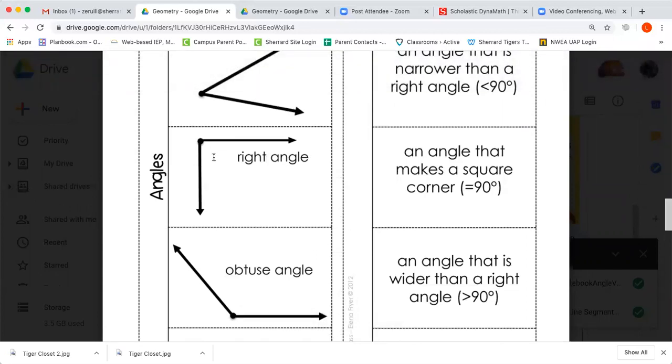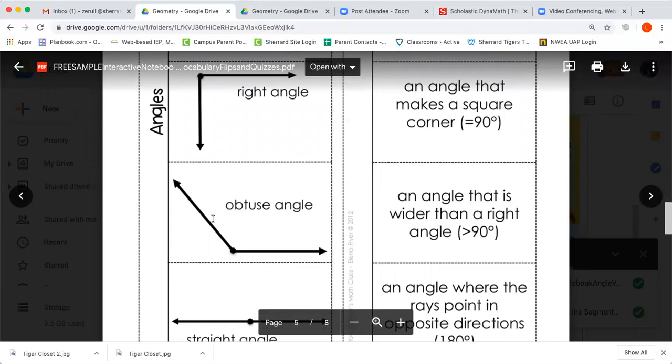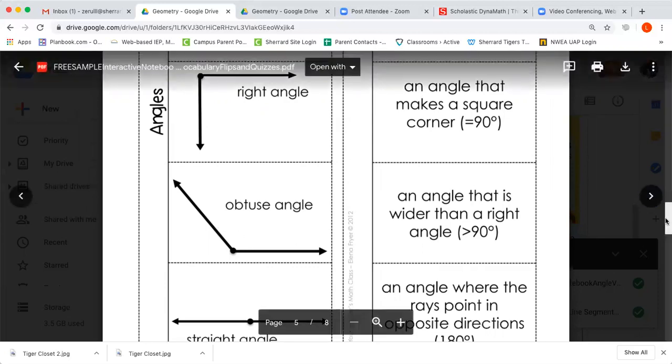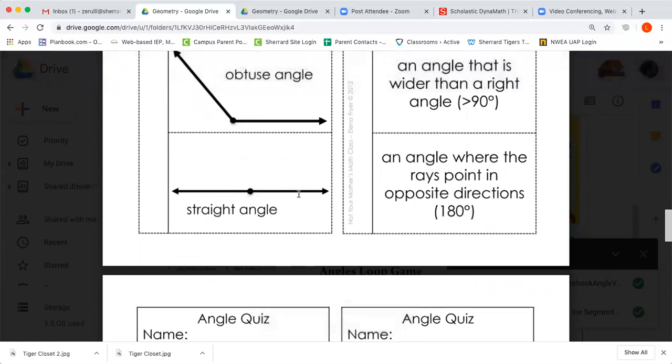It has to measure 90 degrees to be a right angle. Then we have the obtuse angle, bigger than 90 degrees. 92 degrees, it's obtuse. 100 degrees, it's obtuse. Until, of course, we reach 180 degrees, which is a straight angle or a straight line, should always measure 180 degrees.